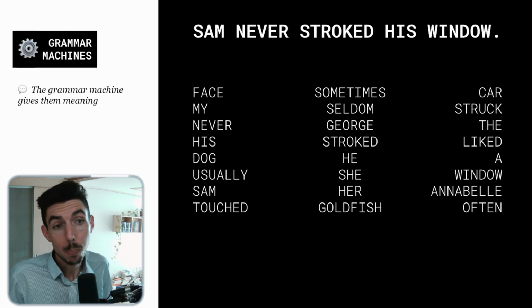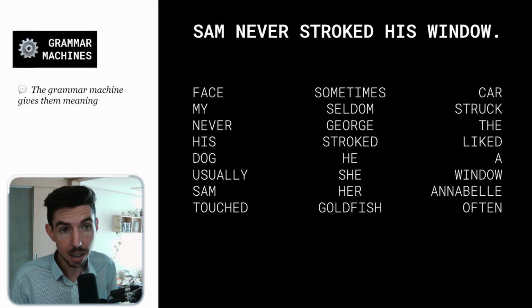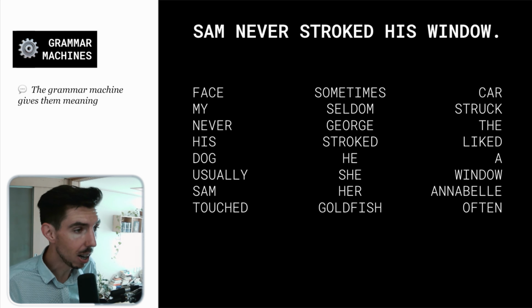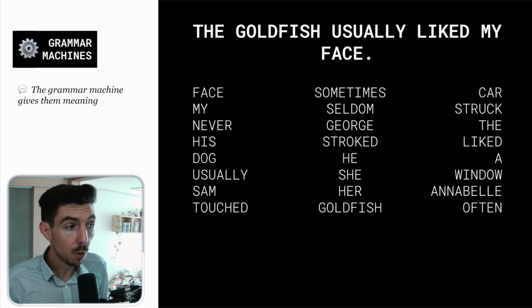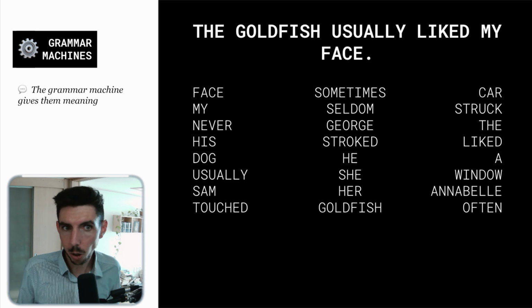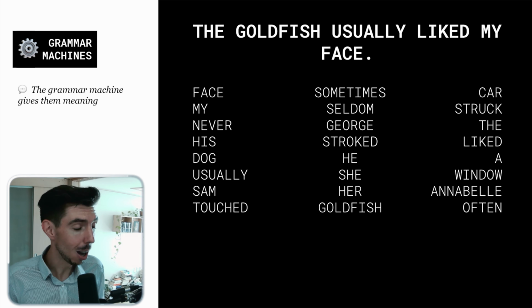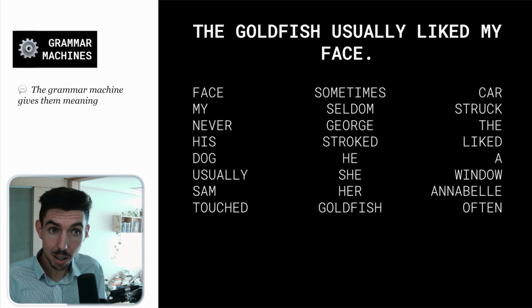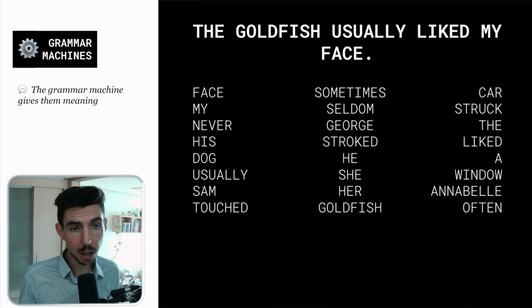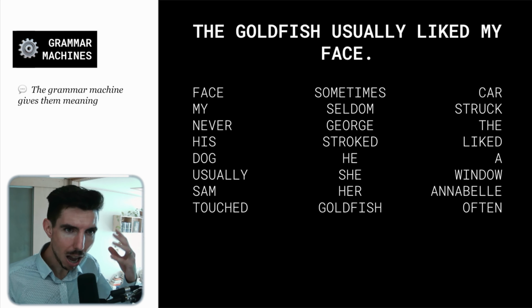Okay, now I don't know why Sam is never stroking his window or why that's a problem for some people, but he never does it. The goldfish usually liked my face. Okay, again, I don't know why a goldfish would like your face in terms of the context, but you understand, you can picture this. That's a key feature of something meaning something, is you can imagine it.